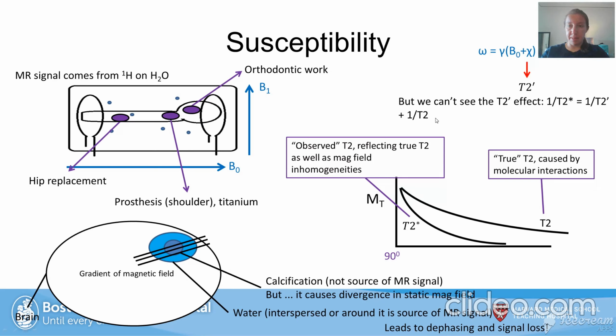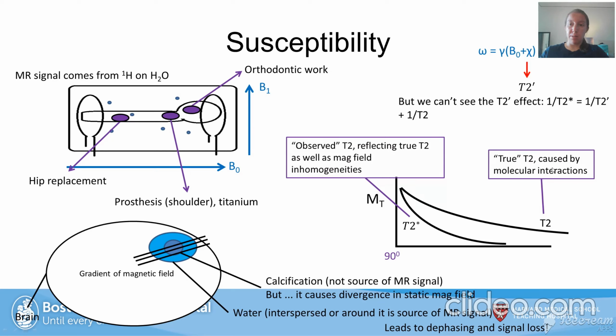And the variable chi here is actually related to T2 prime. T2 prime is something that we cannot measure. We can't actually see the effect of T2 prime, but we can relate it to T2 star and T2, which can be measured.